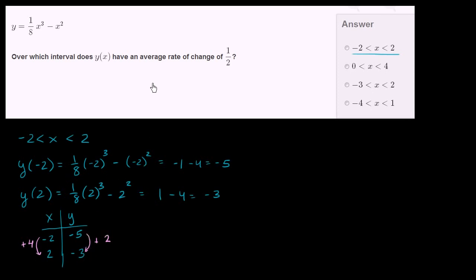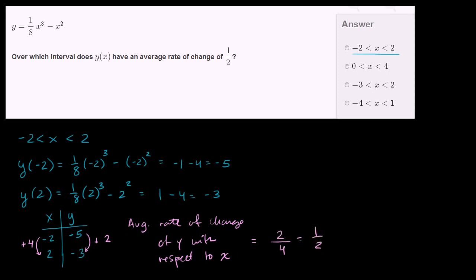So our average rate of change of y with respect to x over this interval is going to be equal to, well, when x changed by +4, y changed by +2.